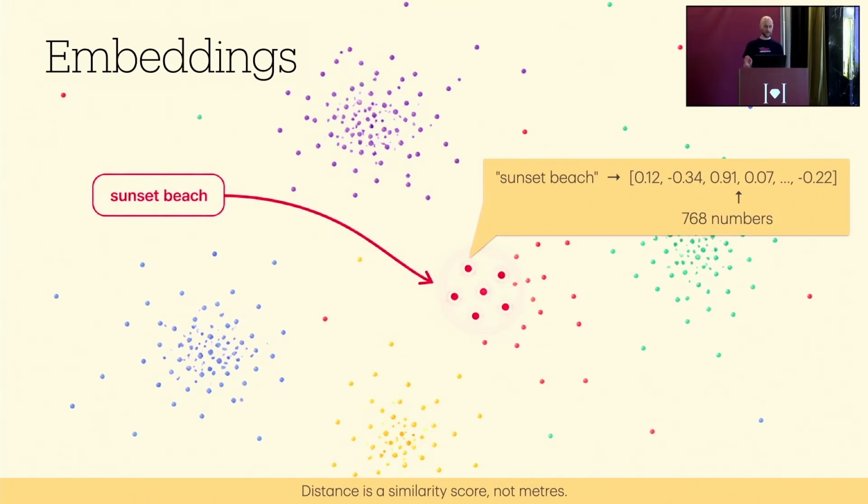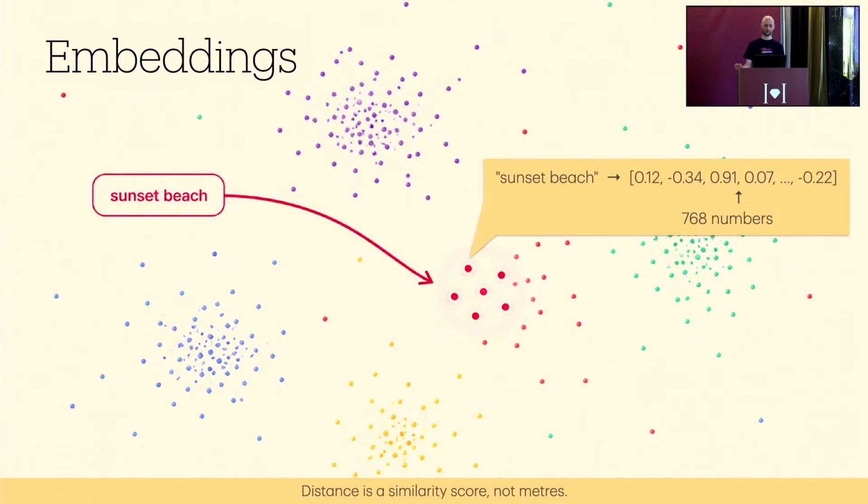Items that mean similar things end up with similar arrays, close together if you try to plot them out. We cannot actually visualize 768 dimensions, not even the engineer can. So this two-dimensional drawing is a metaphor, and so is distance. What we really measure is the similarity score, not meters.